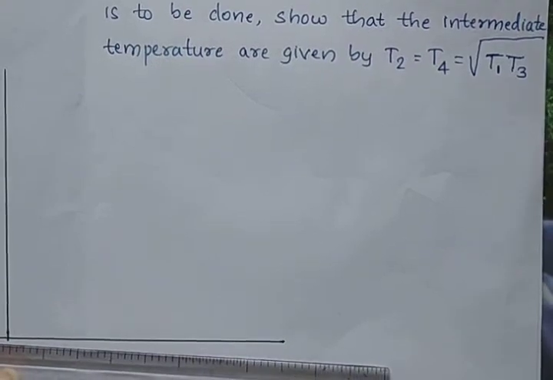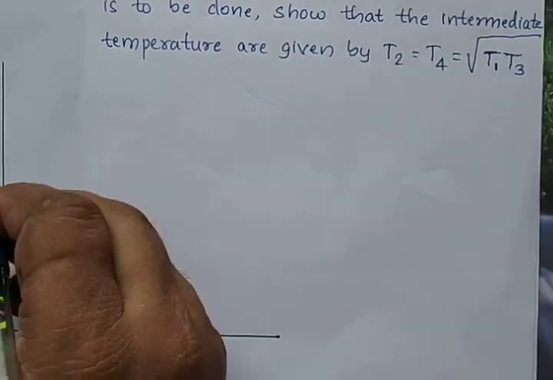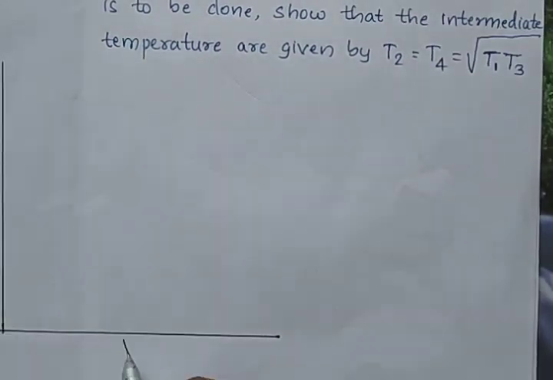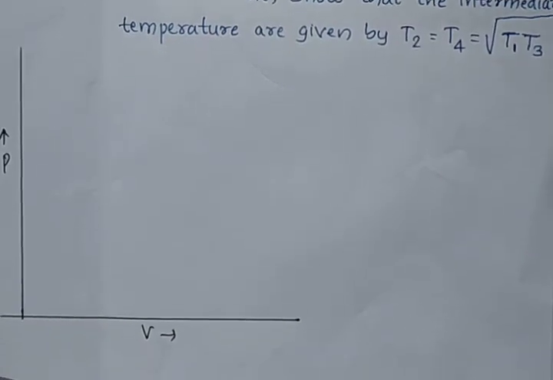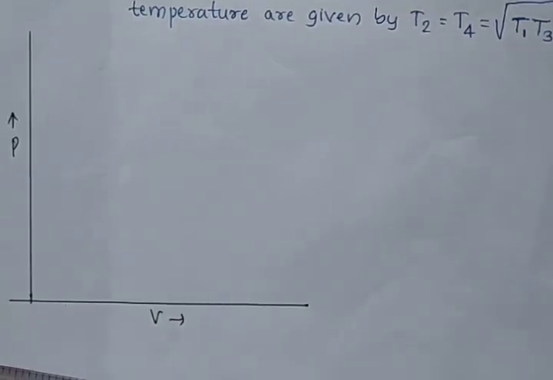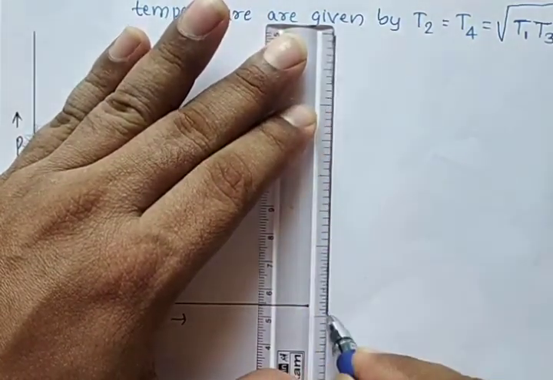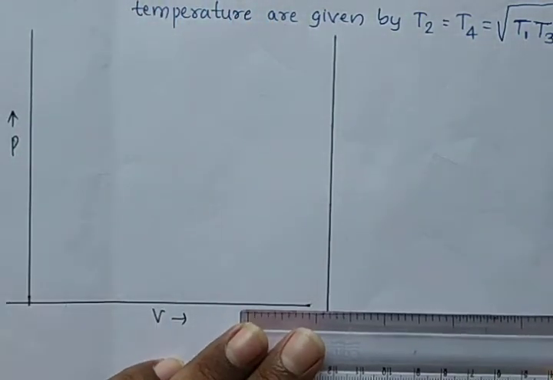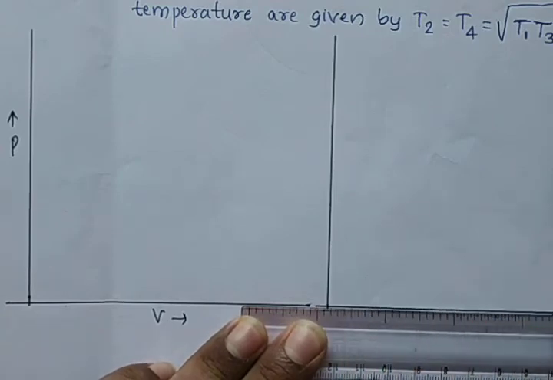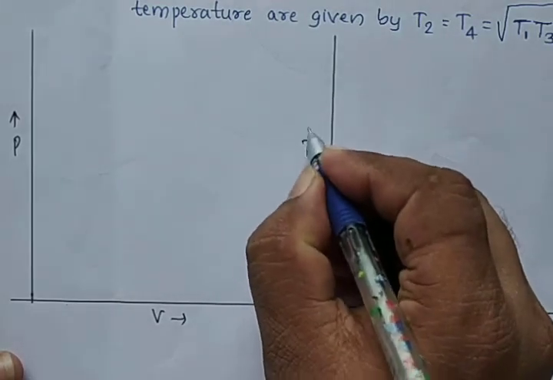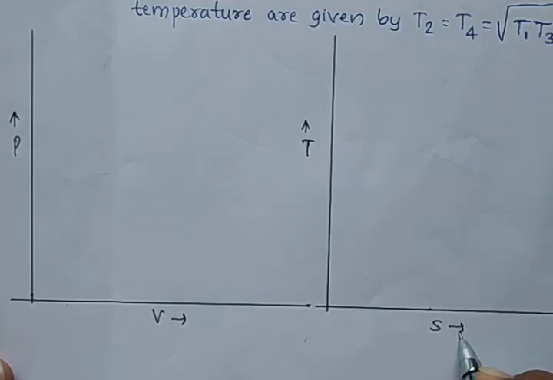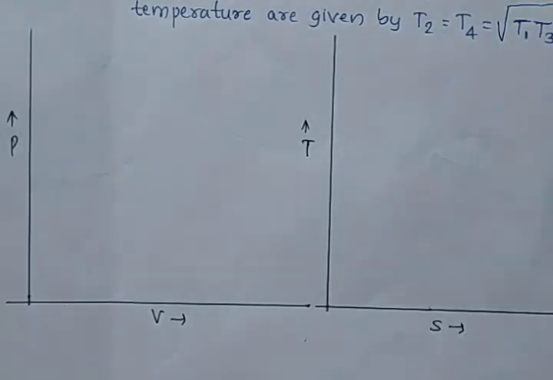So you can see the PV diagram, and then the TS diagram, which I am drawing now. So represent it quickly.